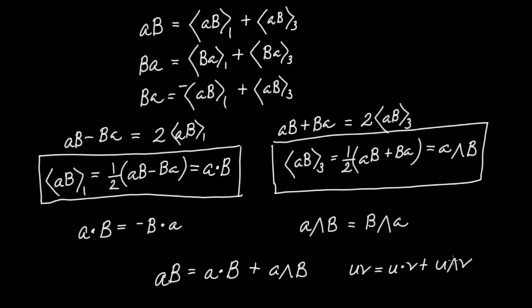So that's the grade 2 element there. If we take the same point of view, starting with b, which is a grade 2 element, the dot product decreases it to a grade 1. So here's the vector part. And then the wedge product increases it to a grade 3 part, a trivector part. So again, the dot product is the grade lowering operation, and the wedge product is the grade raising operation.